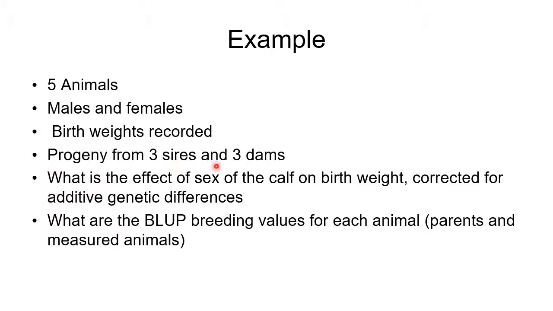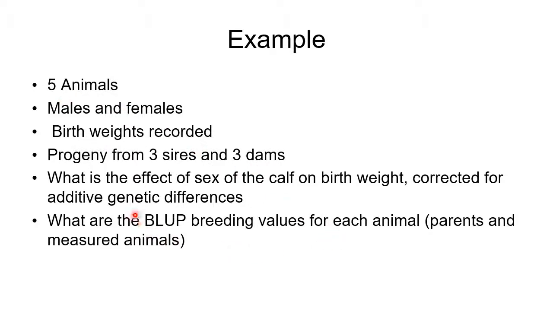This is what we call the BLUE, the best linear unbiased estimate of the fixed effect. So we will have a corrected effect for the sex of the calf, whether it's female or male. But we also would like to know the breeding value for each animal. So it's our 3 sires and 3 dams plus our 5 animals.